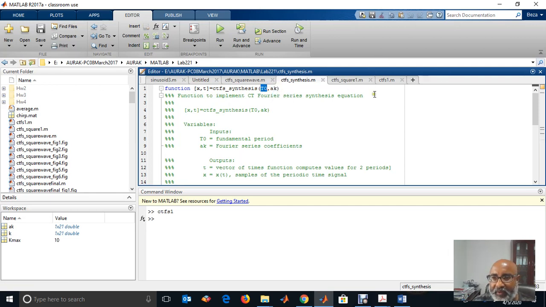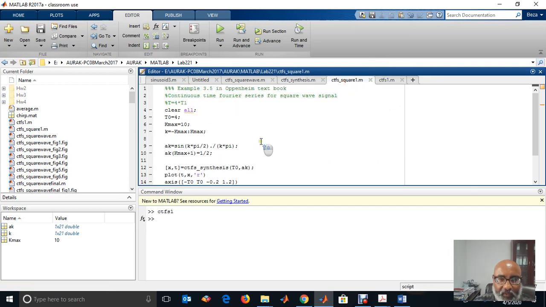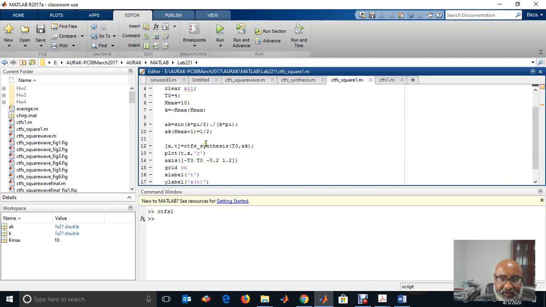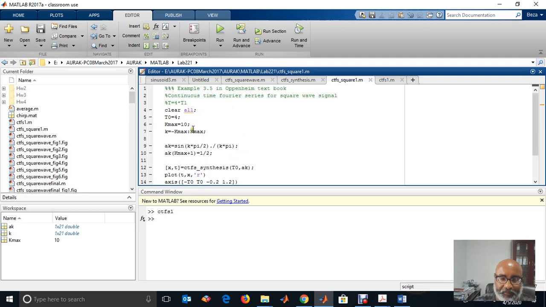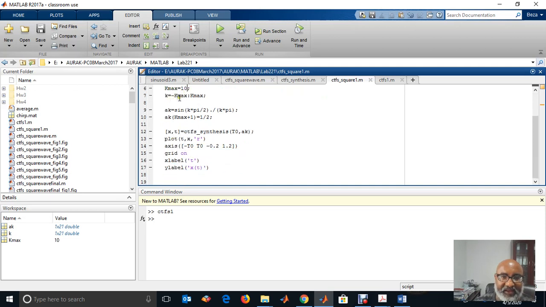All right. Now let's see how, for example, I used this function in this script file. In this script file, I am going to reconstruct the square pulse signal, the periodic square pulse that we saw from the theory part. So I define here T naught is 4, k max is 10, then k is from minus k max to k max.